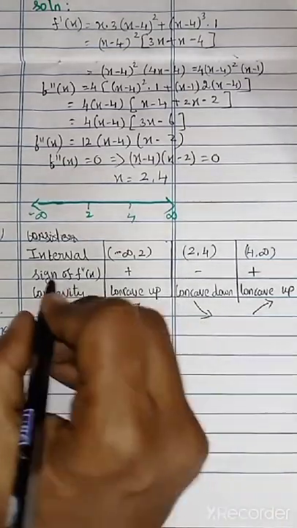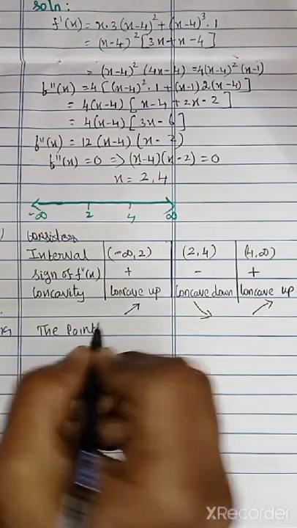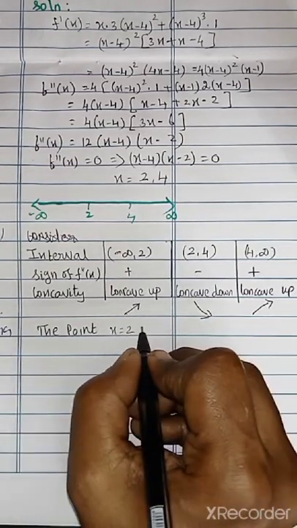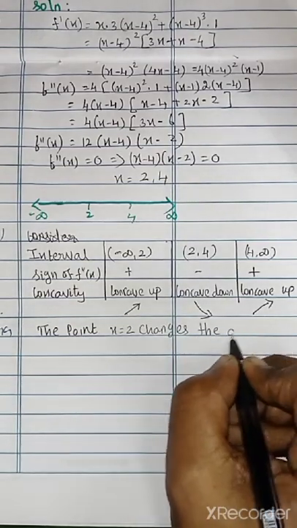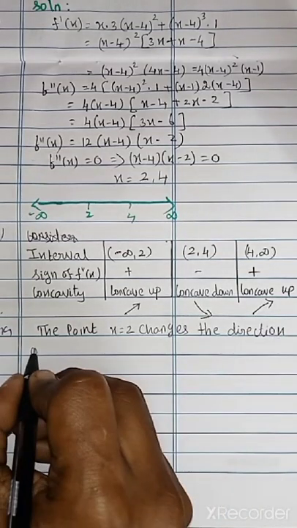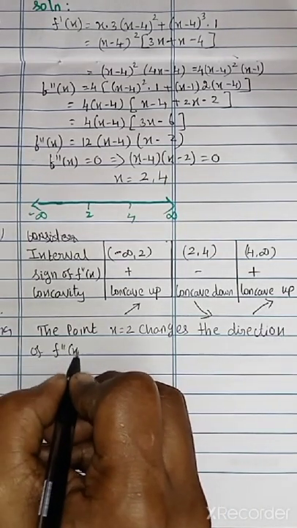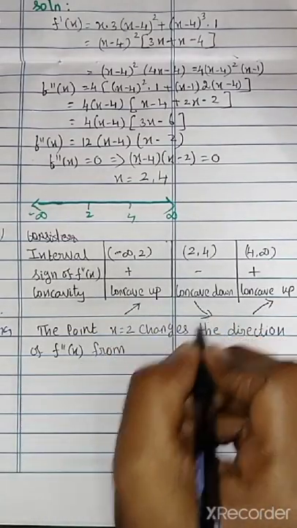Okay, so what we have to write is: the point x equal to 2 changes the direction of f double dash of x from positive to negative. Correct?